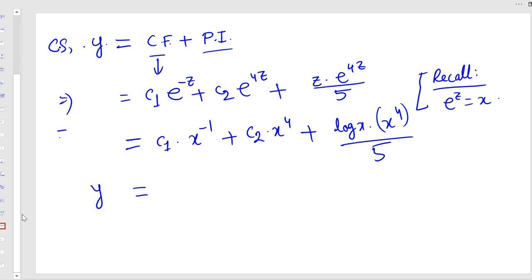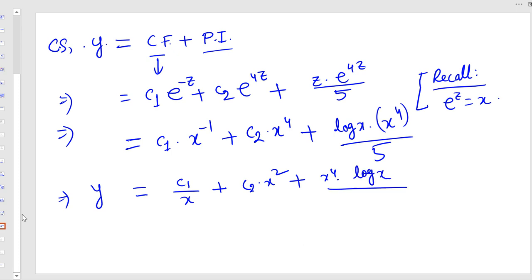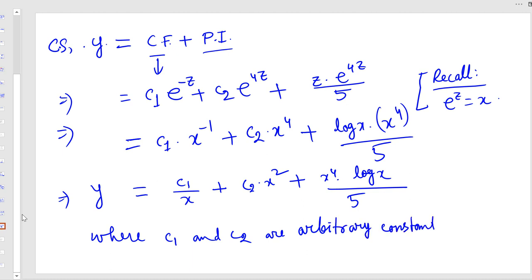Hence y equals C1 by x plus C2 into x to the power 4 plus x to the power 4 into logarithm of x by 5, where C1 and C2 are arbitrary constants. So this would be our final answer.